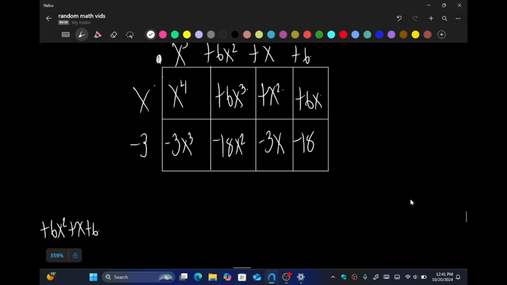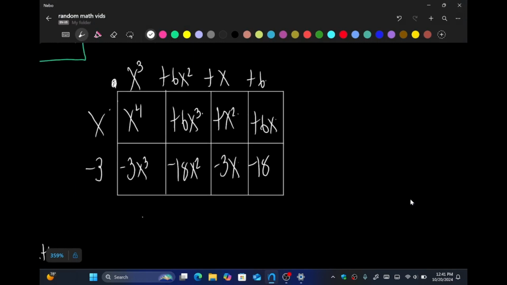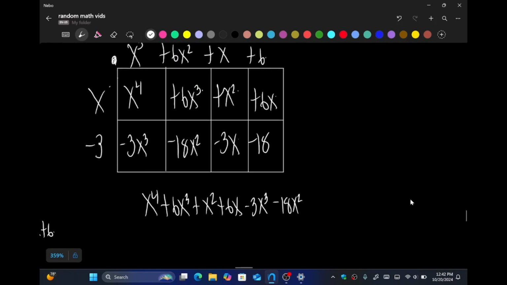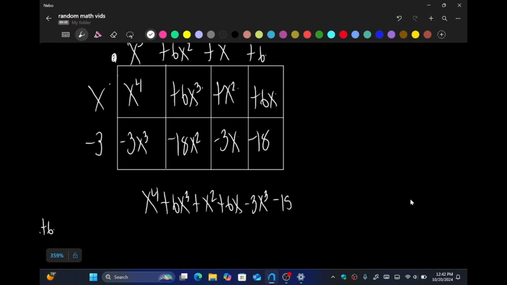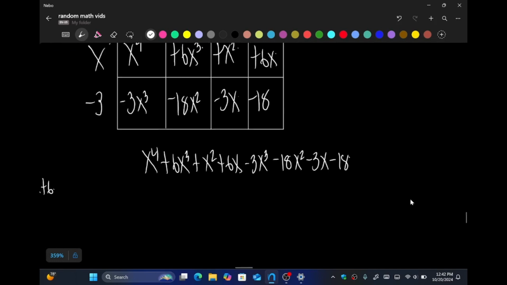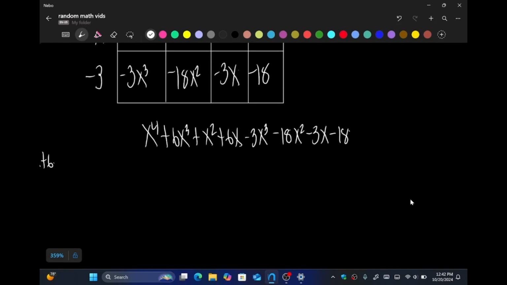So now this is going to go x to the 4th plus 6x cubed plus x squared plus 6x minus 3x cubed minus 18x squared minus 3x minus 18. So now we're going to combine like terms, guys.